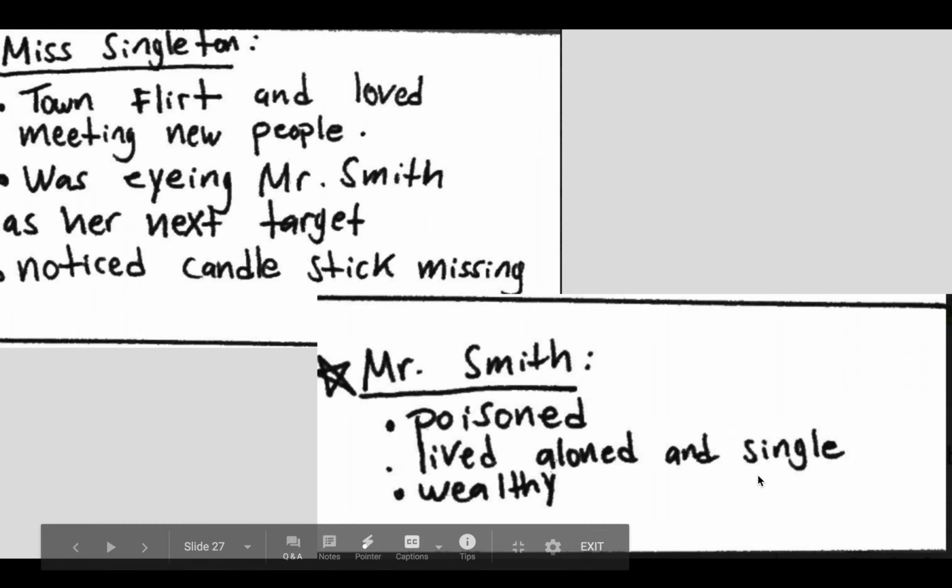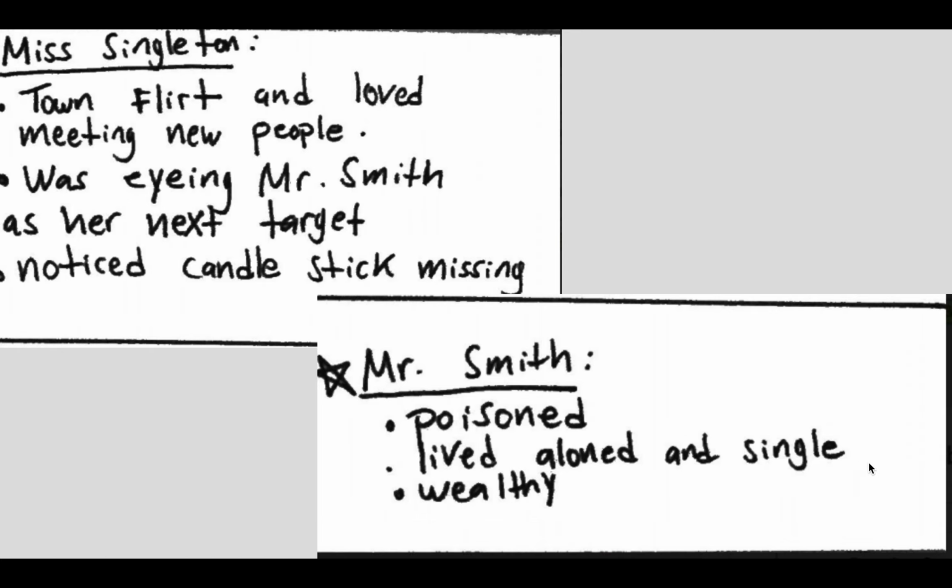And there's a typo, it should not say alone. That was my bad. I was writing really fast. Even teachers make mistakes. So it should say poisoned, lived alone with no D, alone, and single. And he's wealthy, meaning he's rich. So pause and write your notes. Type in the red text boxes in Seesaw.